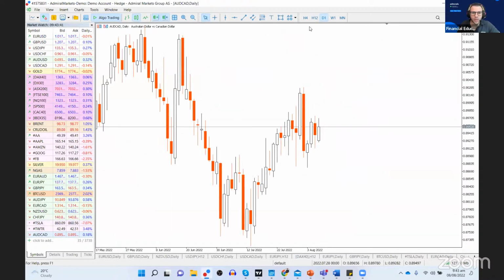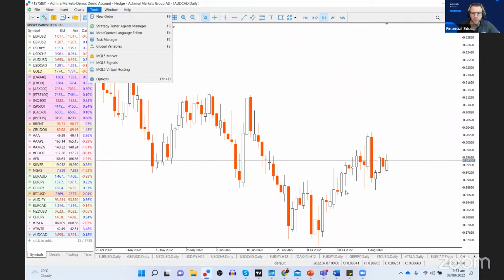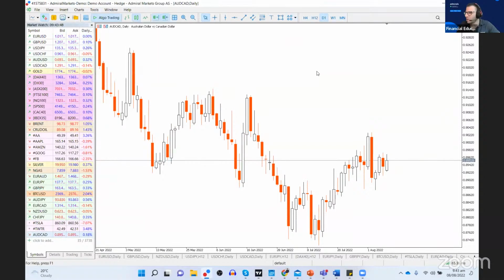So the question was about the daily double divergence on AUD CAD daily that can change the trend. Are you referring, Cherry, to where I'm pointing now? This low point with this low point divergence? If yes, then the trend has already changed because we had this low point here.